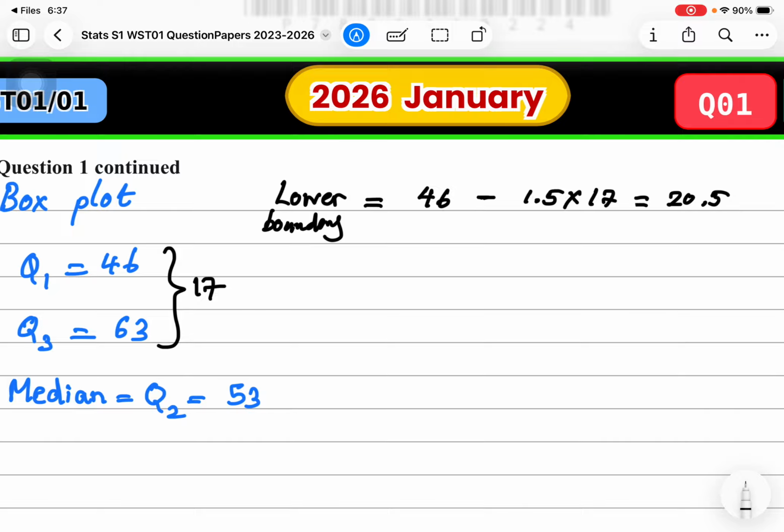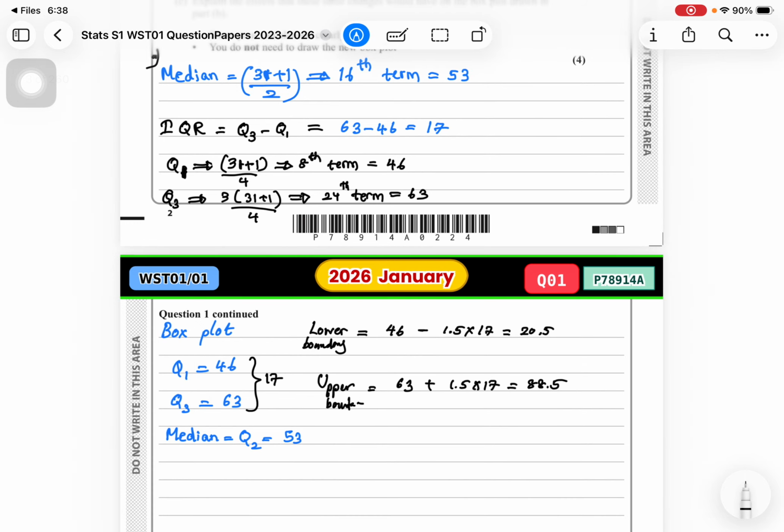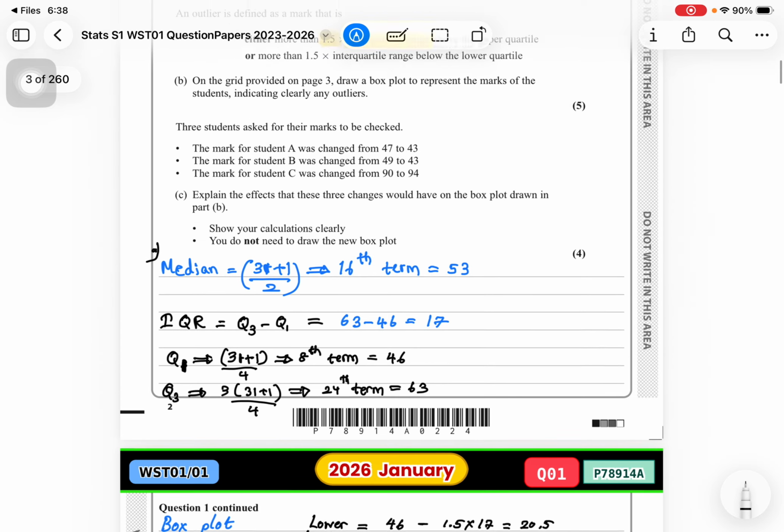Let's get the upper boundary as well. The upper boundary would be Q3 plus 1.5 times the interquartile range, which is 88.5. So whatever is below 20.5 and above 88.5 is an outlier.